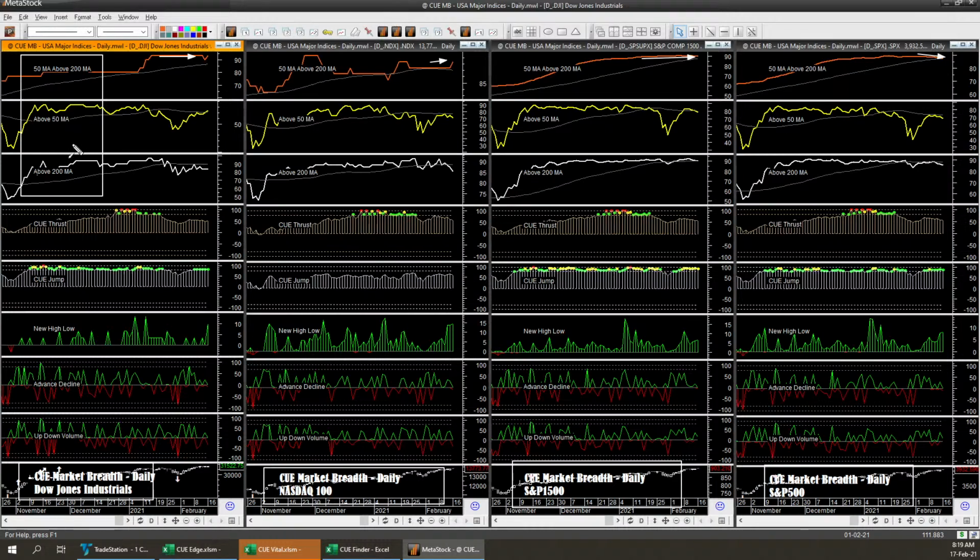If we look at the percentage of stocks above 50 MA for Dow Jones, it rolled over, now it recovered, and as of yesterday went above the average line. Nasdaq 100 rolled over, recovered, but could not go to the average line, rolled over again.